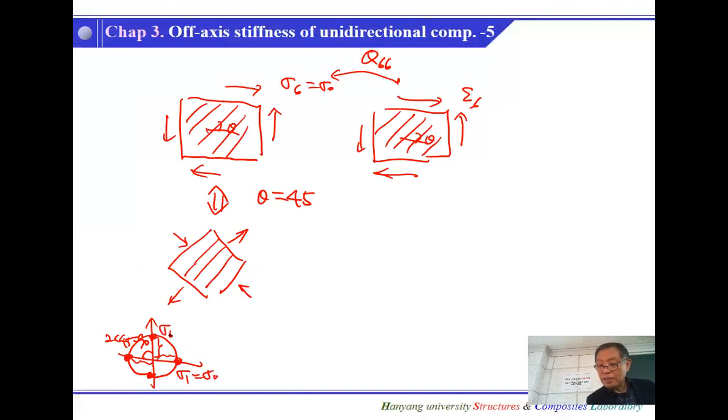Here sigma 6 is sigma 0, and here sigma 2 equals what? Minus sigma 0. So here will be sigma 0, here will be minus sigma 0 at 45. The point here is that this shear is exactly the same as the tension and compression.